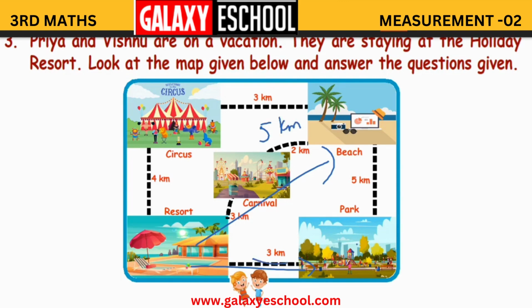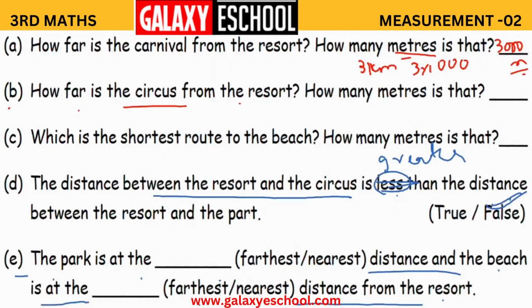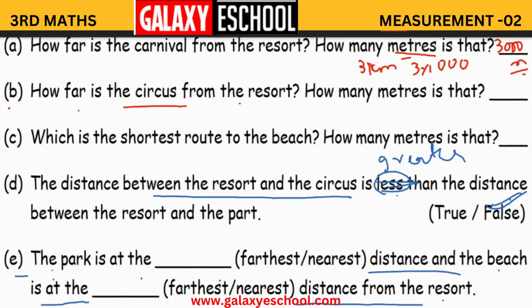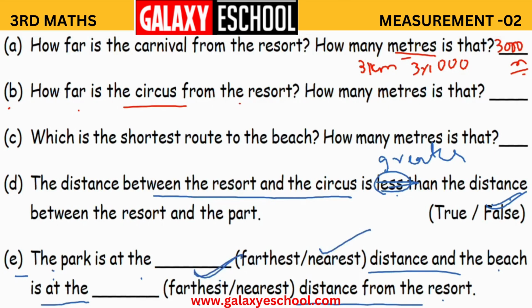And if you look at the park, it is only 3 kilometers away. So which is the nearer one? Park is the nearer one. Beach is the farther one. Farther means which is far away. So the park is at the nearest distance and the beach is at the farthest distance from the resort. Is this clear?